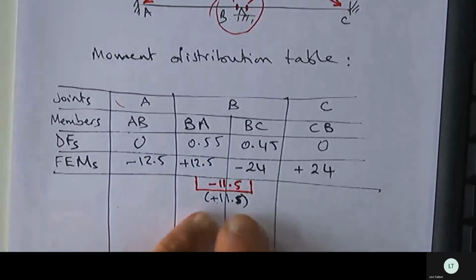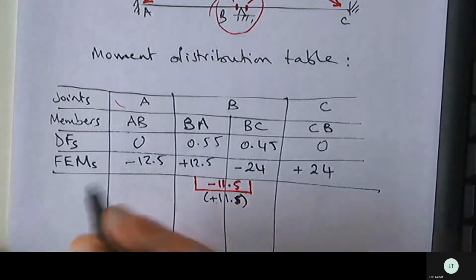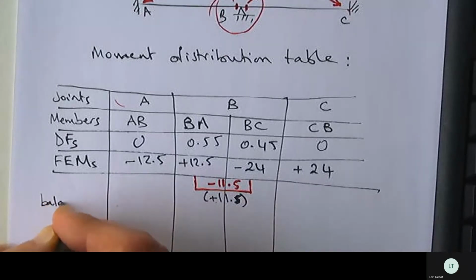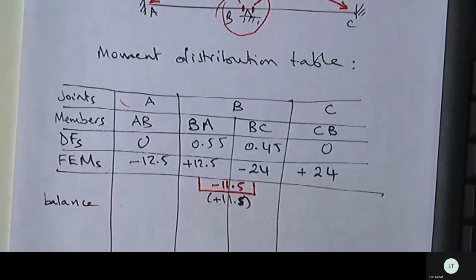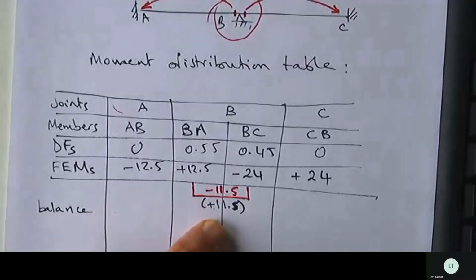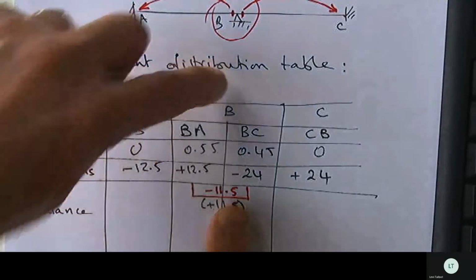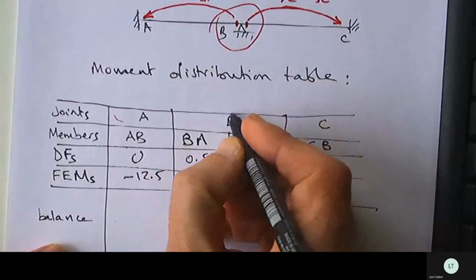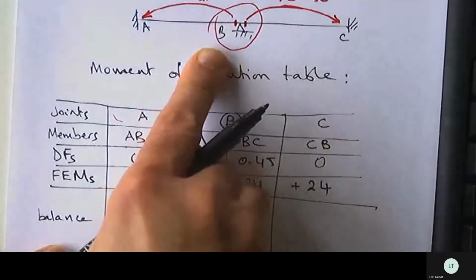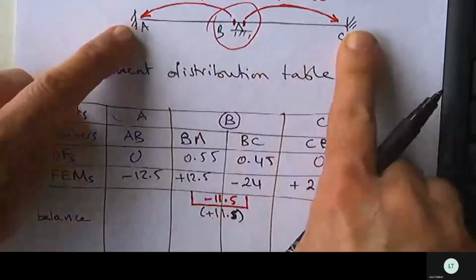So we are going to take the balancing moment because we are going to balance. That's the first step. The first step is to balance. So when I balance, I take the balancing moment and I multiply it by the corresponding distribution factor. Remember we are balancing joint B. That's the intermediate joint. These are end joints.